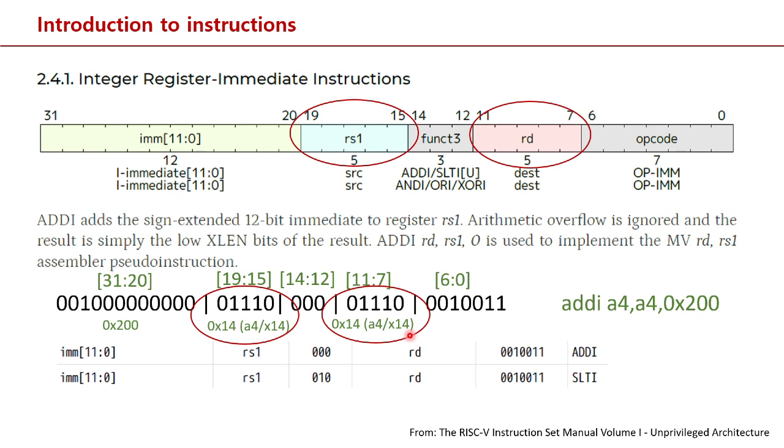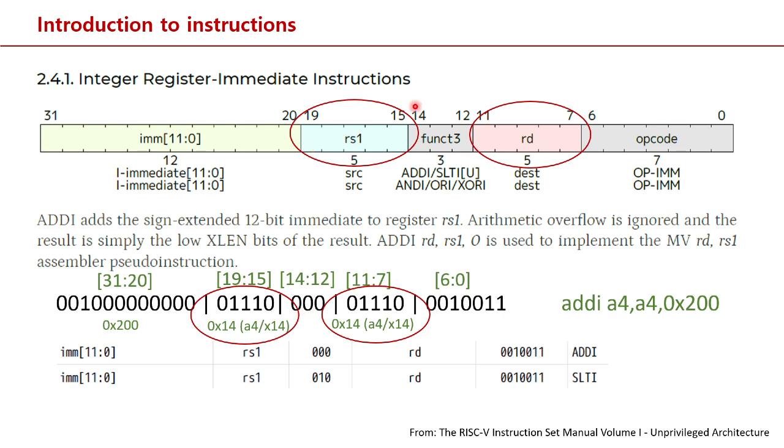This register is the a4 register in ADDI format. What I mean is those two names refer to the same register, but the difference is in the way of describing the register. This is the ADI format, and this is the architecture format. From this information, we can say that the destination register for the ADDI instruction is the a4 register.